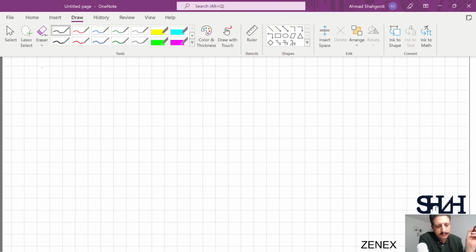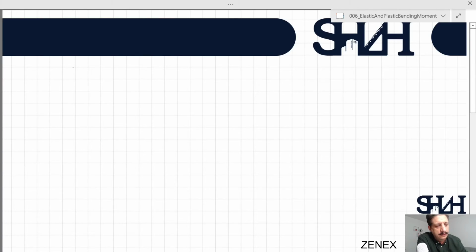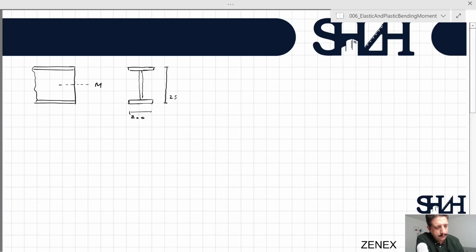Let's go through one more example. For example, for an I section, the same cross section we used earlier for the section modulus calculation. 12 and 6 millimeter.